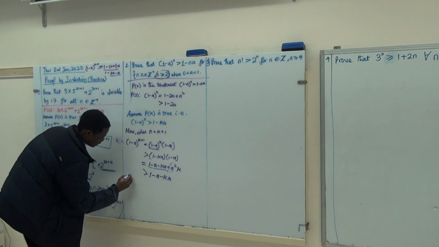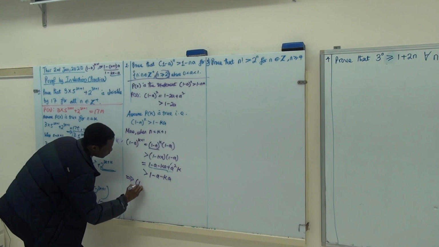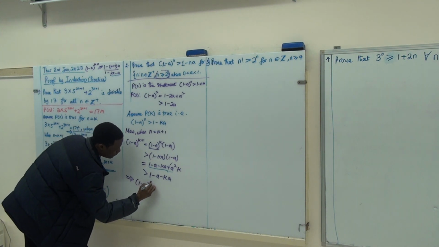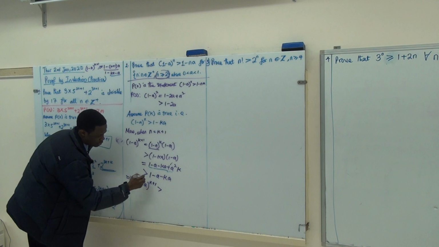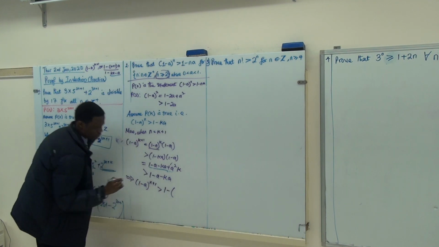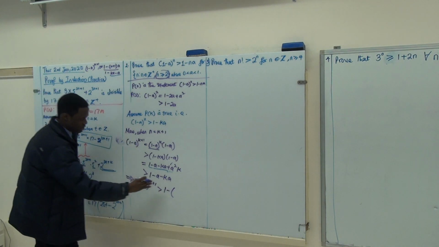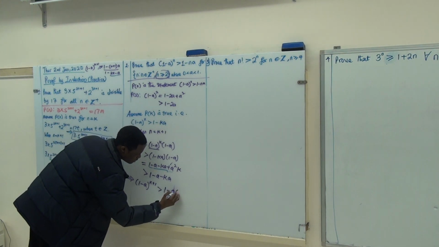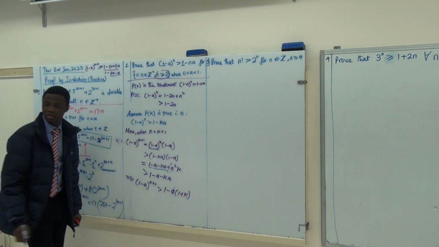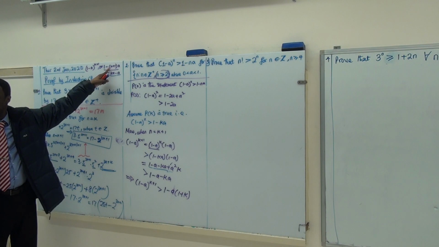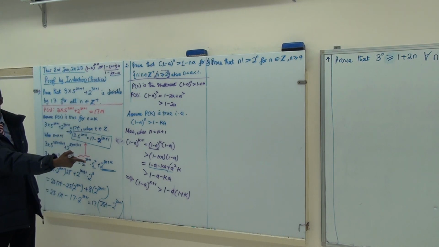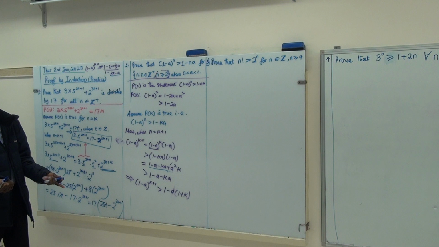Okay? So, what does that tell us in essence? It means (1 minus a) to the power k plus 1 is greater than, so I'm going to factorize. If I factorize a out, what do I get? 1 plus k, right? I want it to look like this. All I need to do is take the a back, which does not make any difference, right?